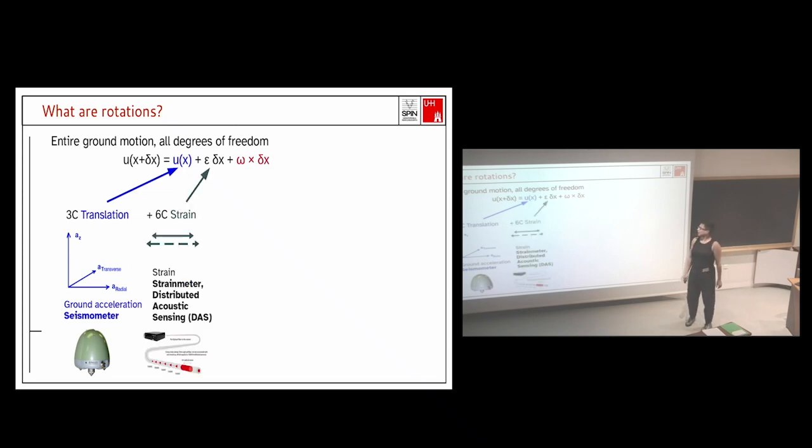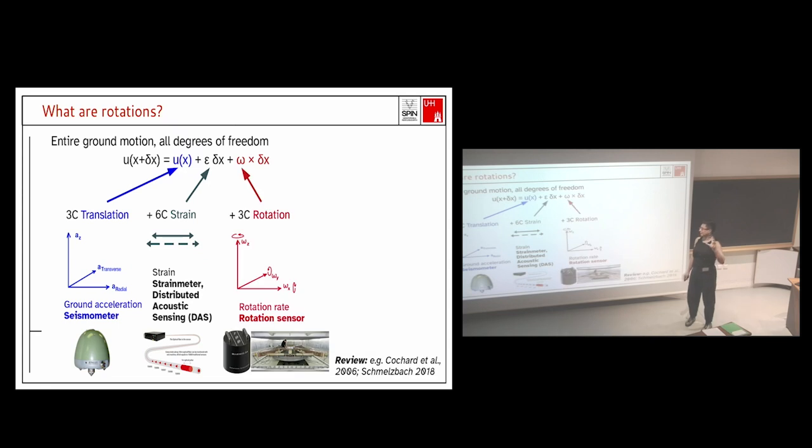Then we have 6 components of strain, with epsilon here being the strain tensor, and we'll have talks about how we can measure those with DAS systems, for example. And then there's this last term in red, which is actually the curl of the wave field, and that is the 3 components of rotation that are associated with any infinitesimally small displacement from an elastic wave field.